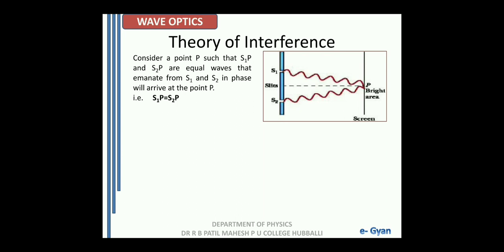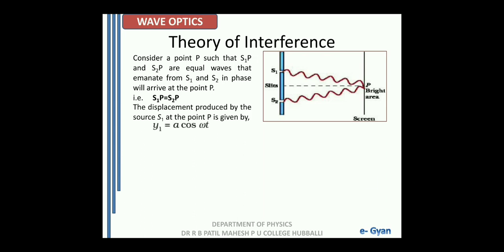Now consider a point P such that S1P and S2P are equal. Waves that emanate from the sources S1 and S2 in phase will arrive at point P. Now S1P is equal to S2P, so we say that the path length S1P and path length S2P are the same.